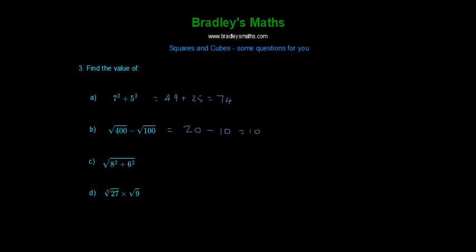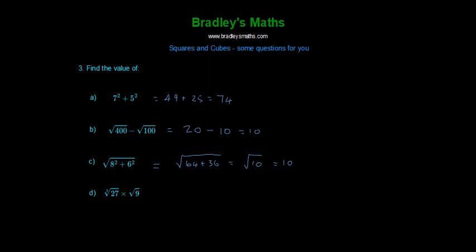8 squared plus 6 squared. The square root of 8 squared plus 6 squared is the square root of 64 plus 36, which equals the square root of 100, which equals 10.